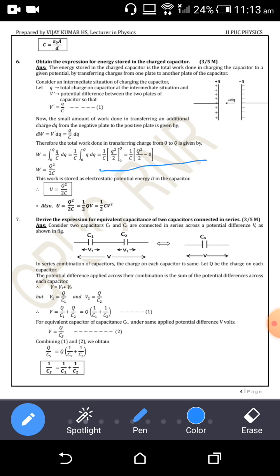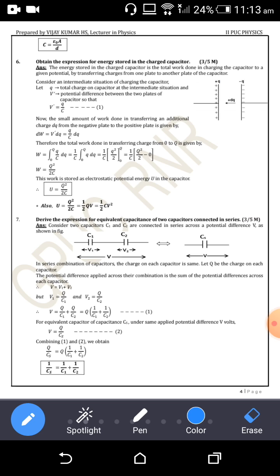So that step comes out to be 1 by c into capital Q square divided by 2 minus 0, and hence that can be written as W is equal to Q square divided by 2c. So this work is stored as the electrostatic potential energy U in the capacitor.